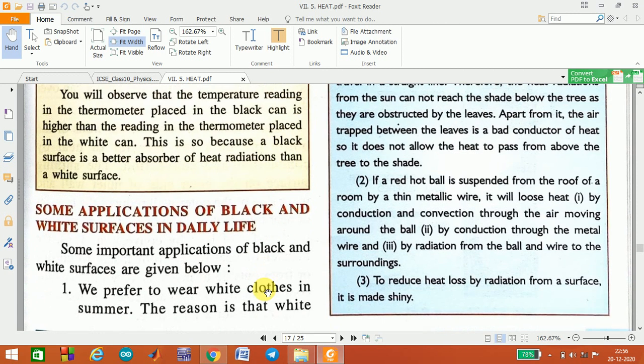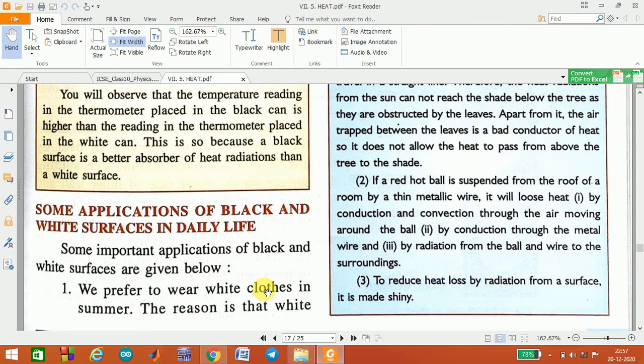Then, if a red hot ball is suspended from the roof of a room by a thin metallic wire, it will lose heat by convection through the air that moves around the ball. Secondly, by conduction through the metal wire, and thirdly, by radiation from the ball and wire to the surroundings.